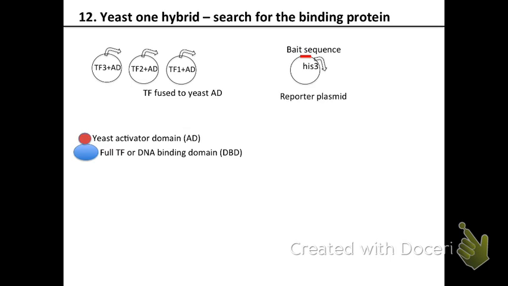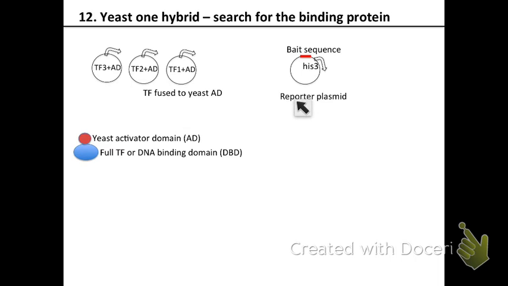And now you also make a reporter plasmid in yeast. So in yeast, you can use the yeast auxotroph mutants. These are mutants that, unless you provide certain amino acids, cannot live on the plate, right? So I think you learned this with Professor Siegel. Is that right? Did you guys learn it? Okay, thank you.